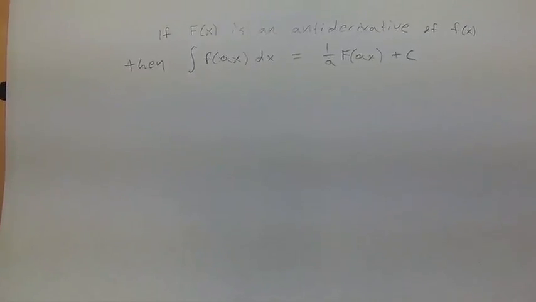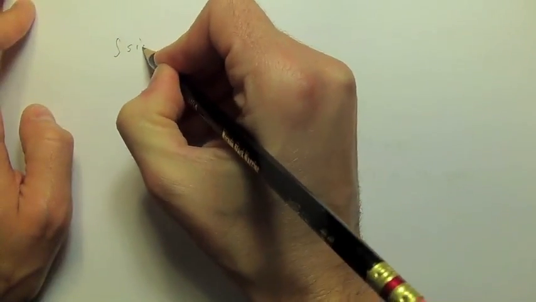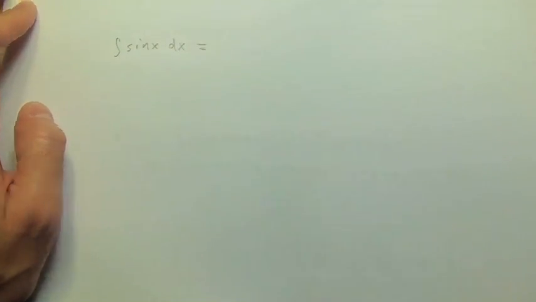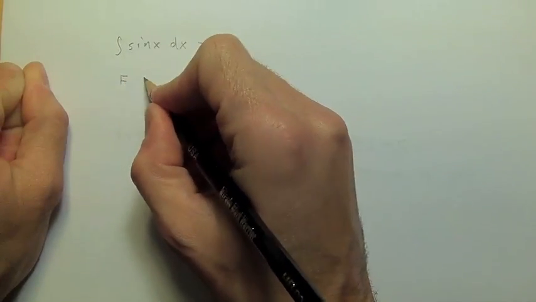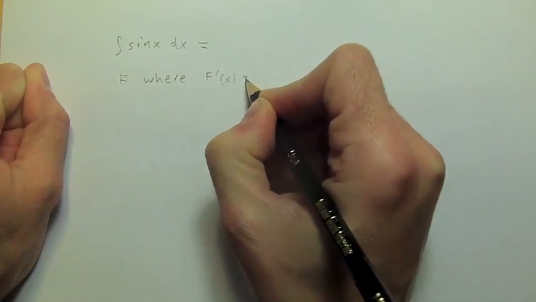Say maybe the trig functions. All right, so say the integral of sine. So we want something whose derivative is going to give us sine. So I want a capital F where F prime of x is equal to sine.